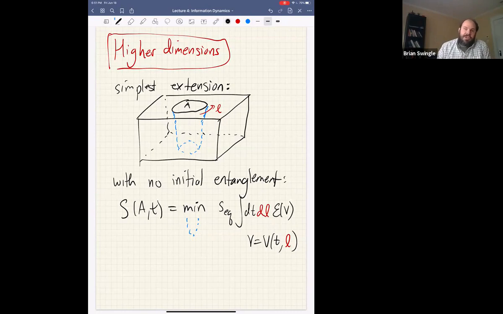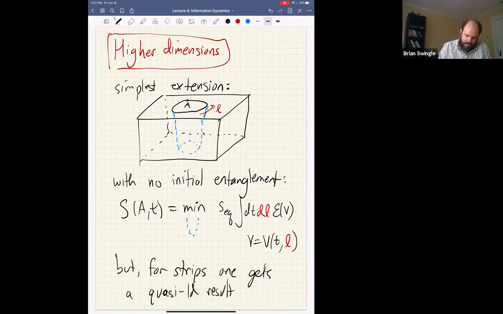But as time passes, you get a more complicated function that probes the whole tension, or at least part of it. However, for strips, you get a quasi-1D result again. Okay, so it's just interesting and more complicated in higher dimensions, and there's even more richness.